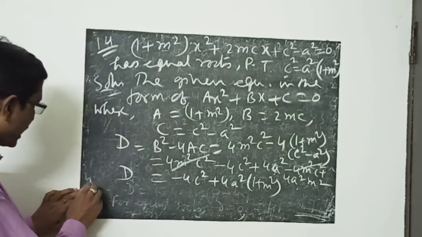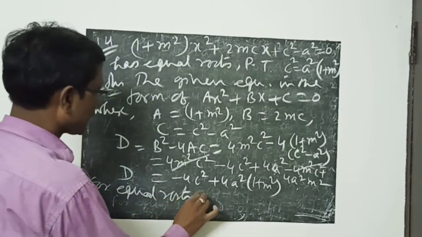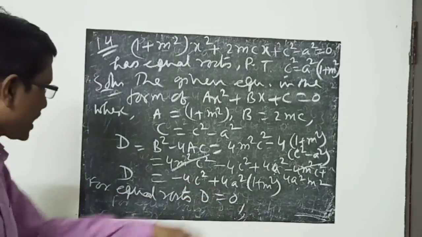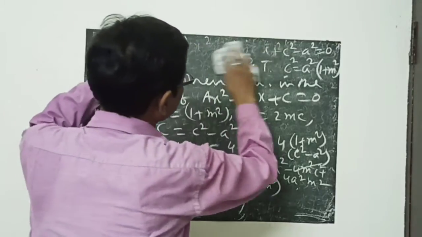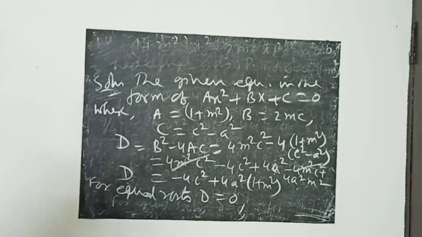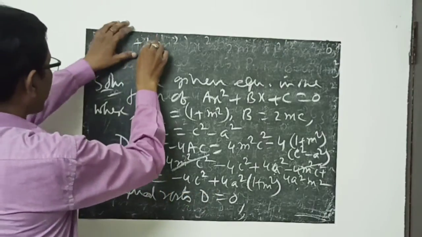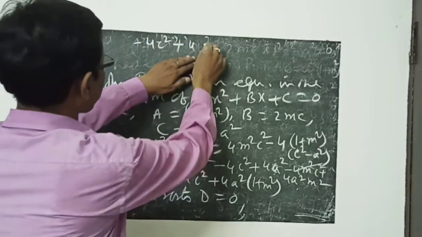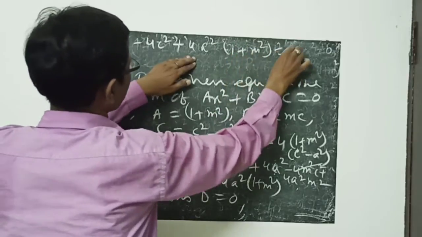So for equal roots D equal to 0, that means minus 4c square plus 4a square into (1 plus m square) equal to 0.